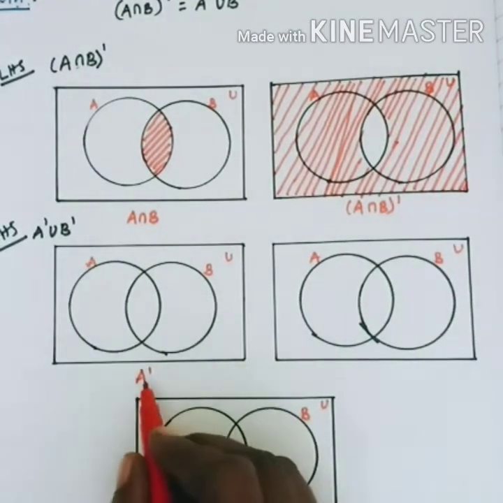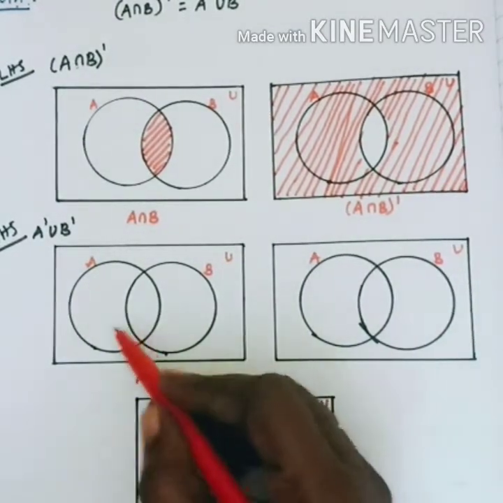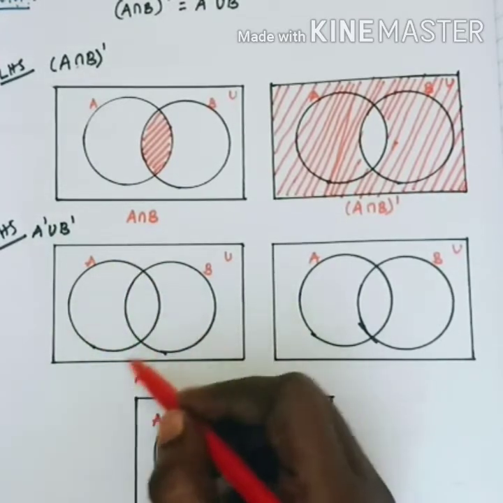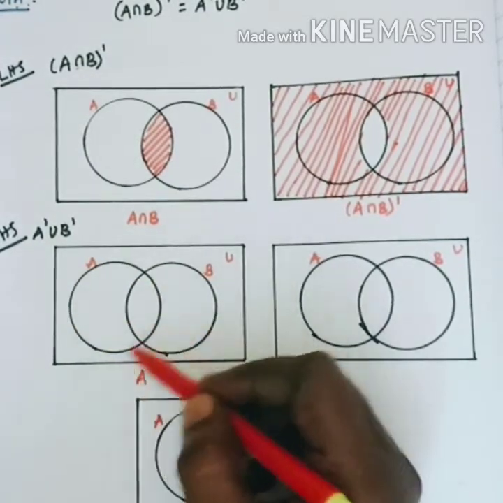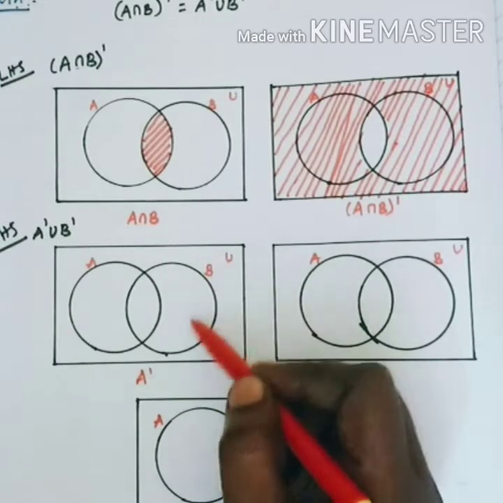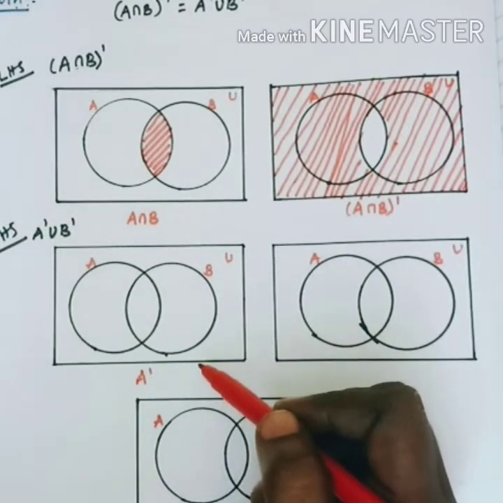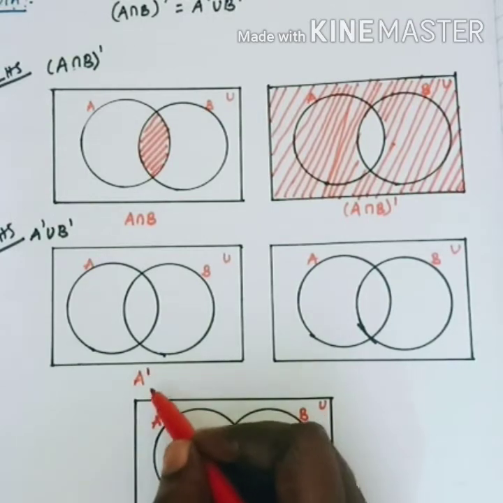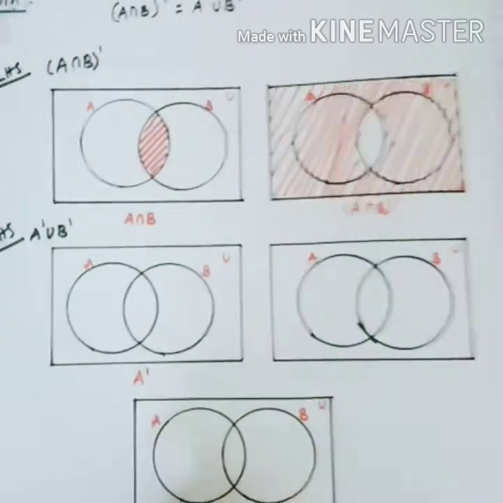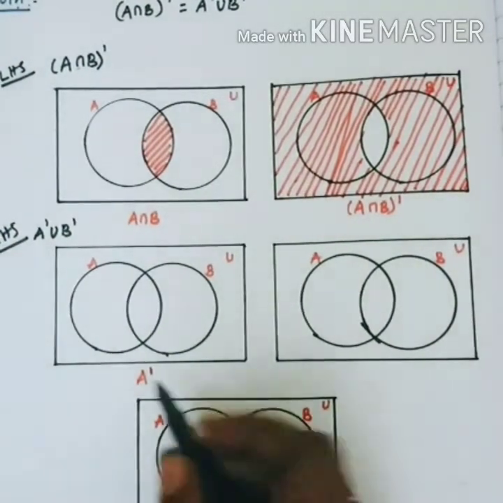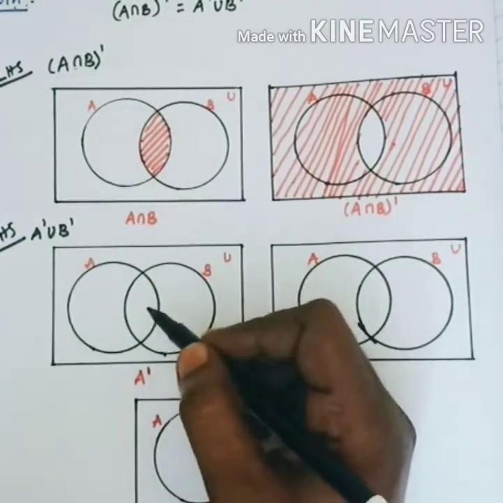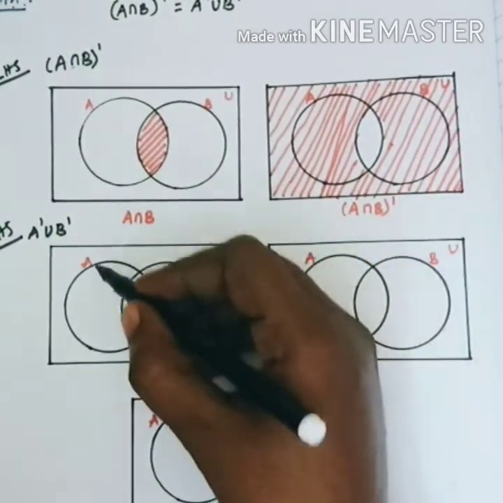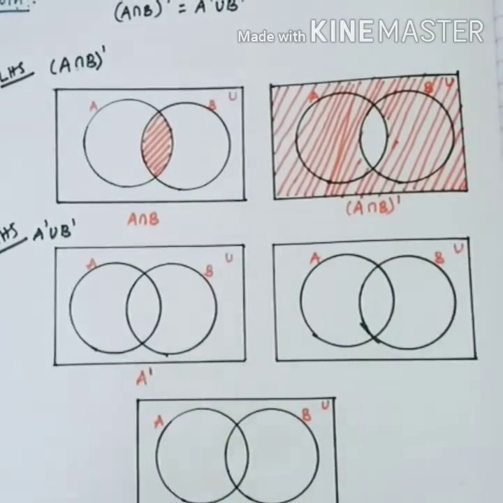A dash means don't shade this set A, and shade the remaining portions in the universal set. Whenever this dash comes, you don't have to shade that portion.